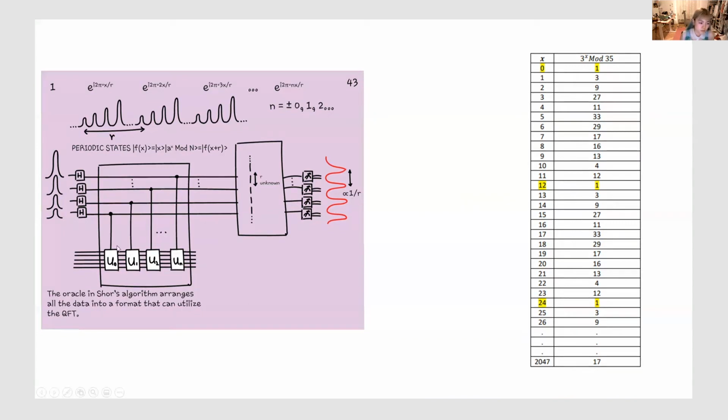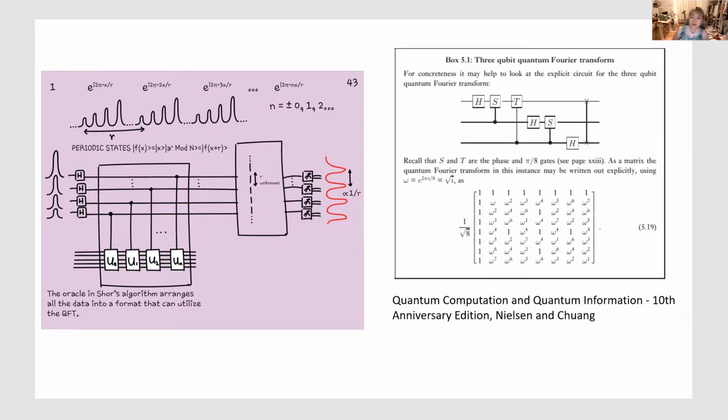So this part of the circuit for Shor's algorithm is really to arrange your numbers in a way that you can feed into the quantum Fourier transform. You're basically letting all of these possibilities be in superposition and feeding all of that into this box here. And then the quantum Fourier transform would just transfer from an R space to a 1/R space. That's pretty neat.